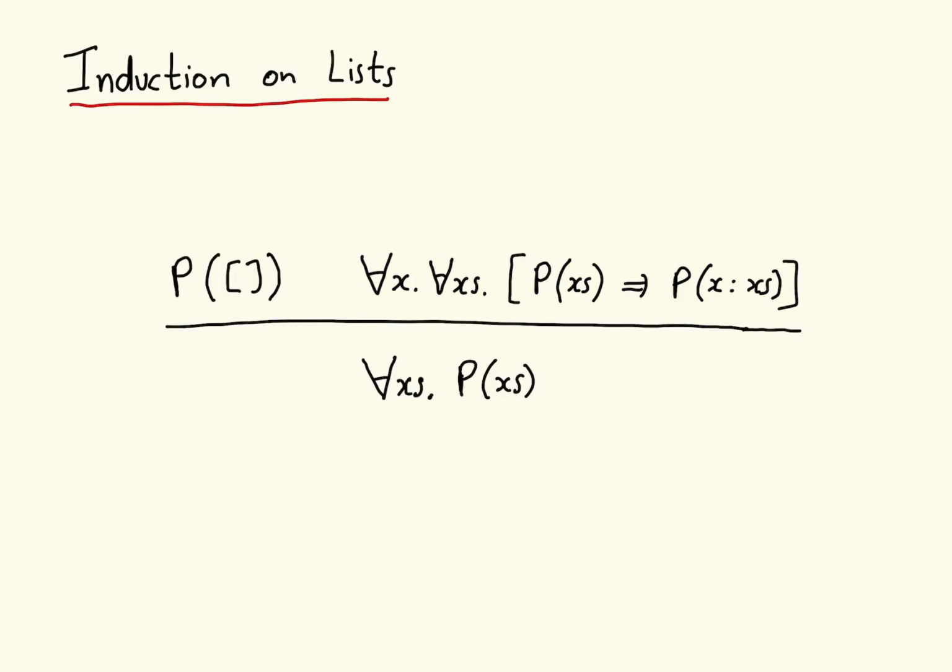And just one little technical note, you need to assume the obvious typing assumptions in here. I haven't written down anything about types, but there are implicit typing constraints on the variables x and xs here. So that's the principle of induction for lists.